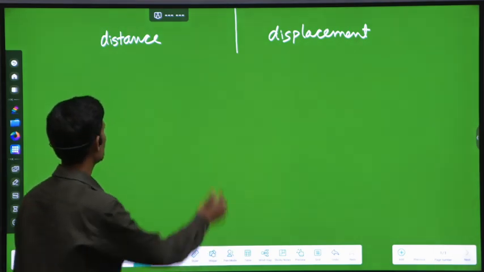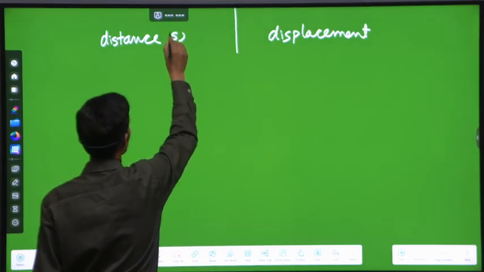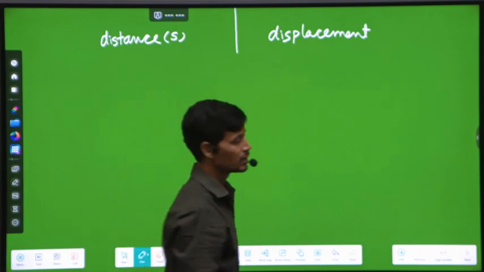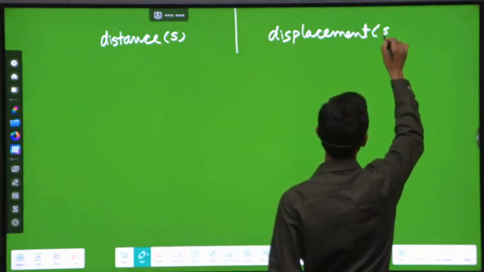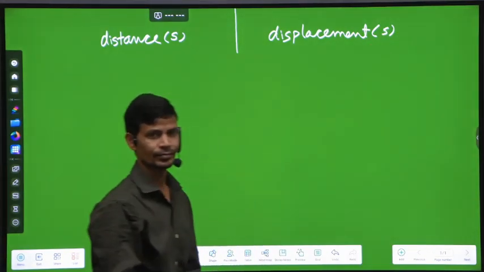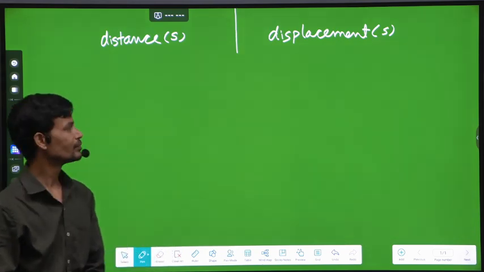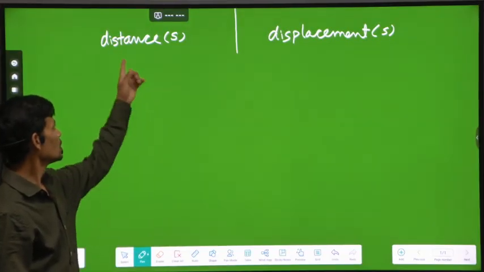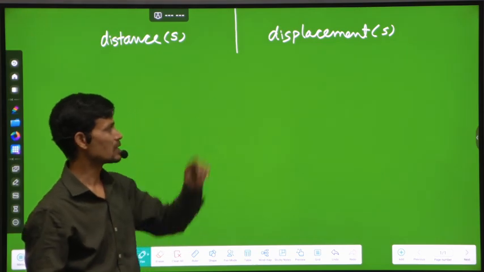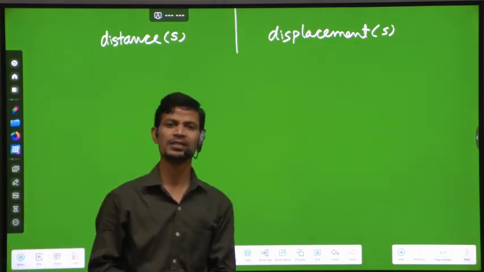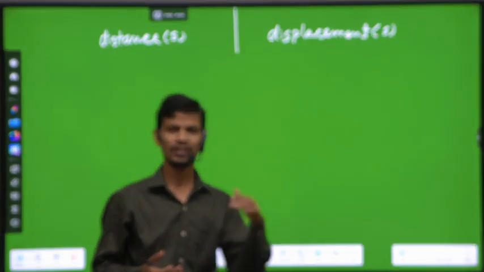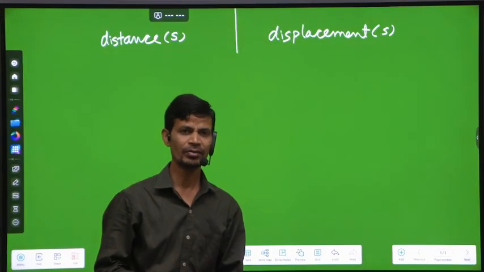Distance symbol is S, displacement again symbol is S. Now what is the difference? Distance is a scalar quantity and displacement is a vector quantity. What are vector and scalar? For that I will make a separate video.